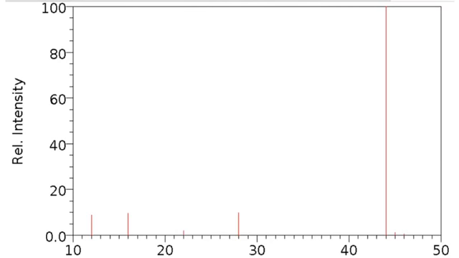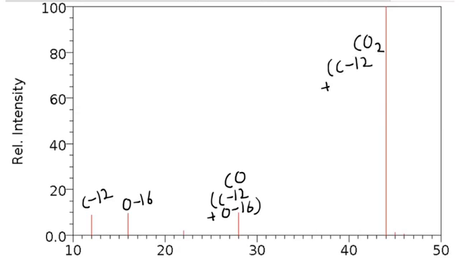And then we've got to figure out what causes 12 and 16 and 28, and this is kind of confusing right here until we realize, oh, this is just half of the molecule peak. So that's carbon 12, that's oxygen 16, that's carbon 12 and oxygen 16 together, and the whole thing would be CO2.